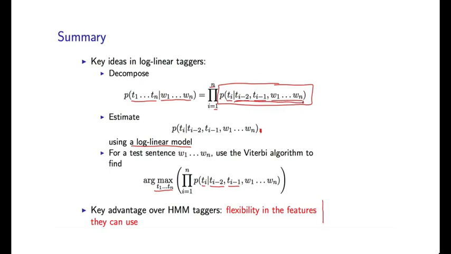So for example, it was very easy to incorporate prefix and suffix features about words, or information about the previous word or the next word when we're tagging the current word. All kinds of other features of the input sentence and the surrounding context. And this really is a key reason for preferring log linear taggers over hidden Markov models.